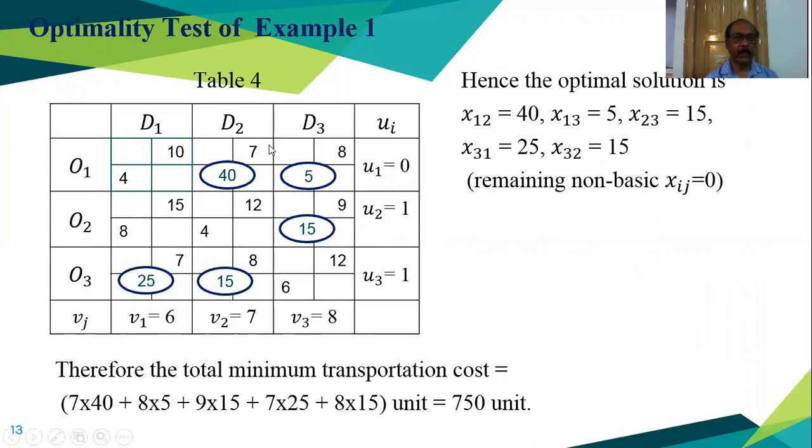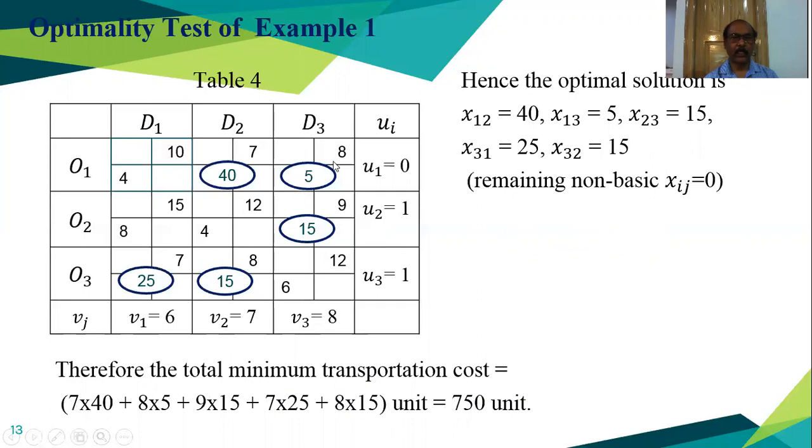It is 7 into 40, 8 into 5, 9 into 15, 7 into 25, 8 into 15. If the unit is given, then we can write the unit; here the unit is not given, so we can write the money unit. So 750 units is our minimum transportation cost considering our optimal solution.